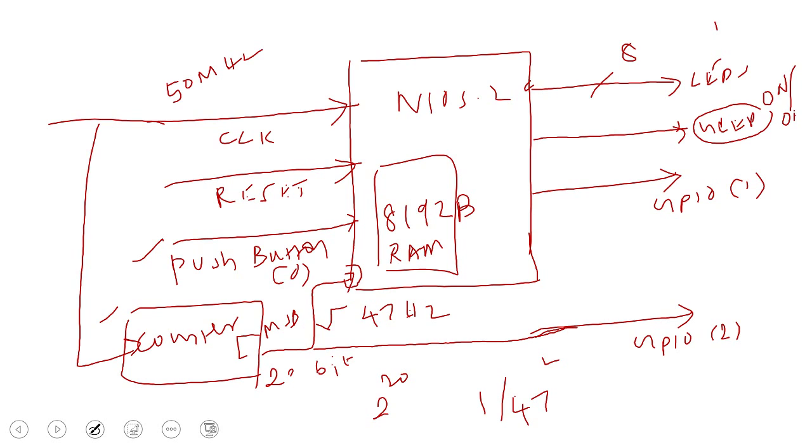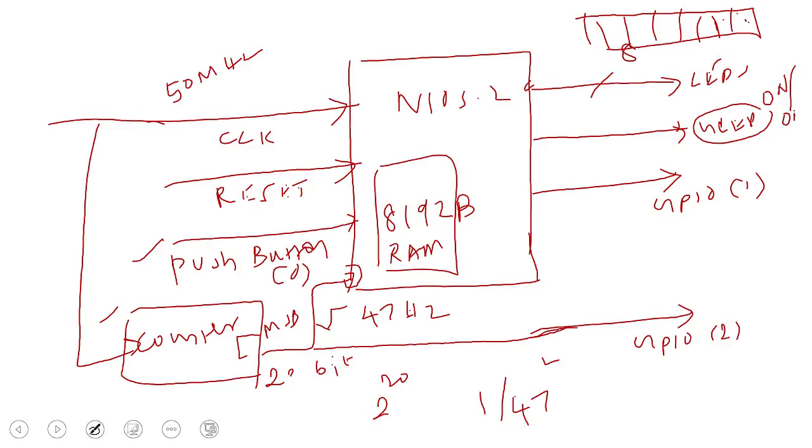So with 8 LEDs, for the first rising edge only the first LED should glow. For the next rising edge, the count is 2 now, so the second LED should glow and the first LED should go off.